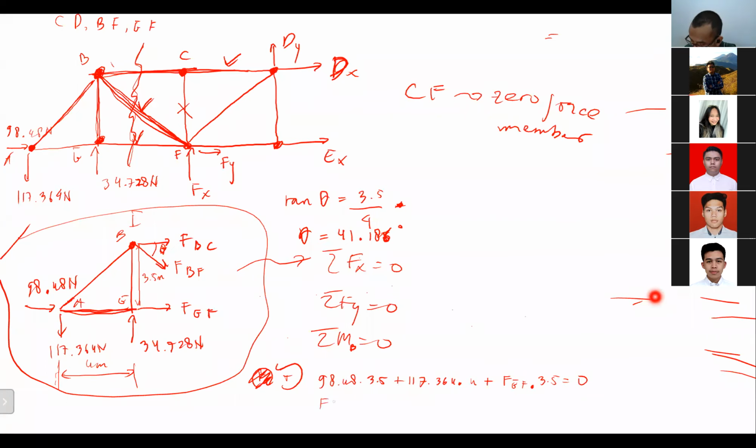So what we will get later is FGF equal to minus 98.48 multiplied by 3.5 minus 117.364 multiplied by 4, divided by 3.5. Then we will have the results.